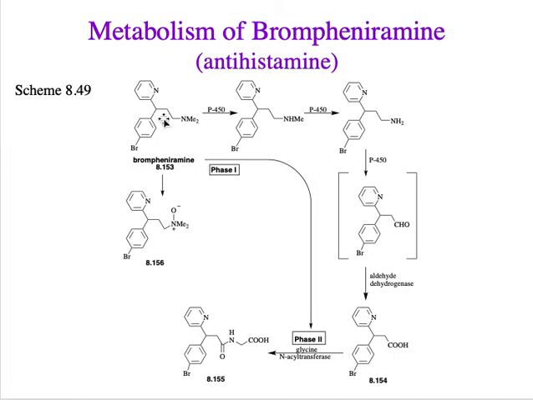Look at all the amazing enzymatic work that's happening to get the drug to the form that's ultimately excreted. It can be excreted here, or you're demethylating, turning it into an aldehyde. Then you bring in another enzyme, turn it into a carboxylic acid, and then you couple the carboxylic acid to glycine. You brought in glycine here, and then it's excreted.